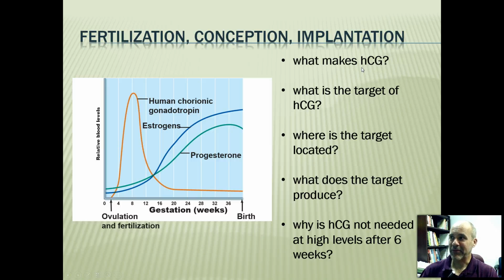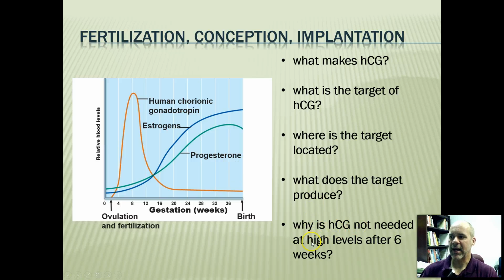All right, so what makes HCG? The early embryo. What is the target of HCG? The corpus luteum. Where is the corpus luteum located? In the ovary that ovulated the secondary oocyte. What does the corpus luteum produce? Estrogens and progesterone.